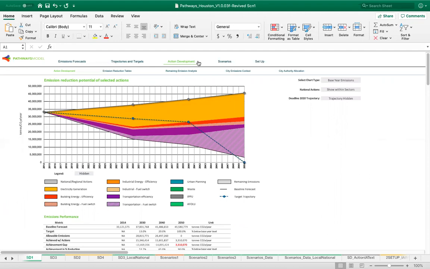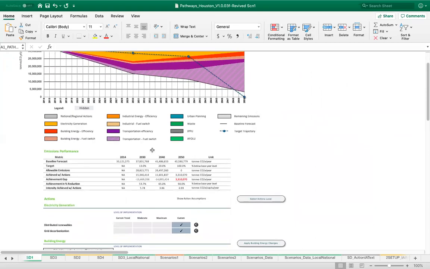So you can see the wedge diagram on the page. Same information as before. We have the BAU emissions along the top, the suggested cut to emissions, the trajectory shown for reference in the broken, hashed line, and then a tabulated summary of the chart for the base year plus each of the interim years.